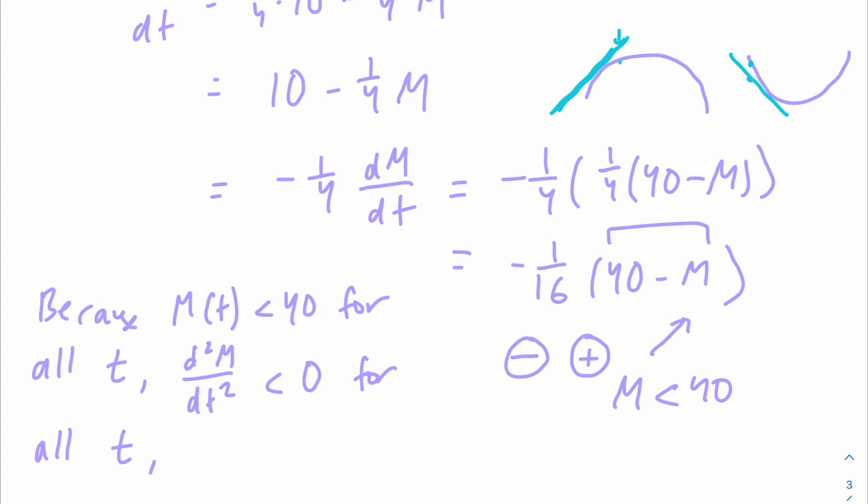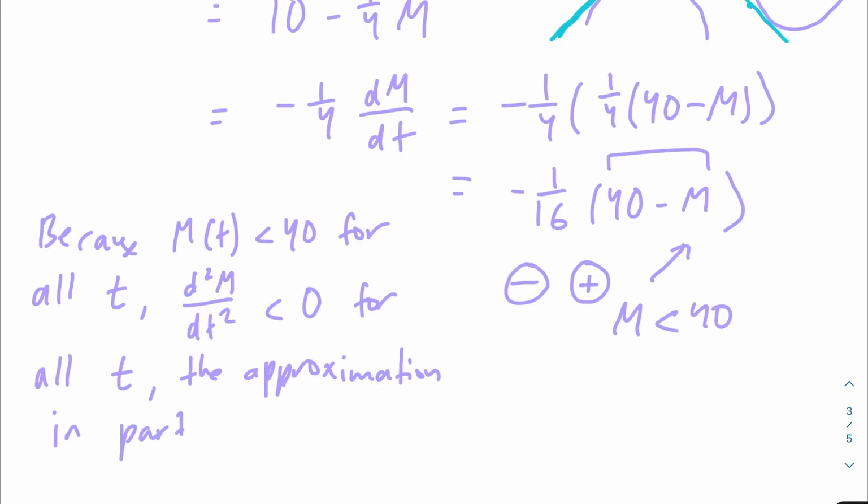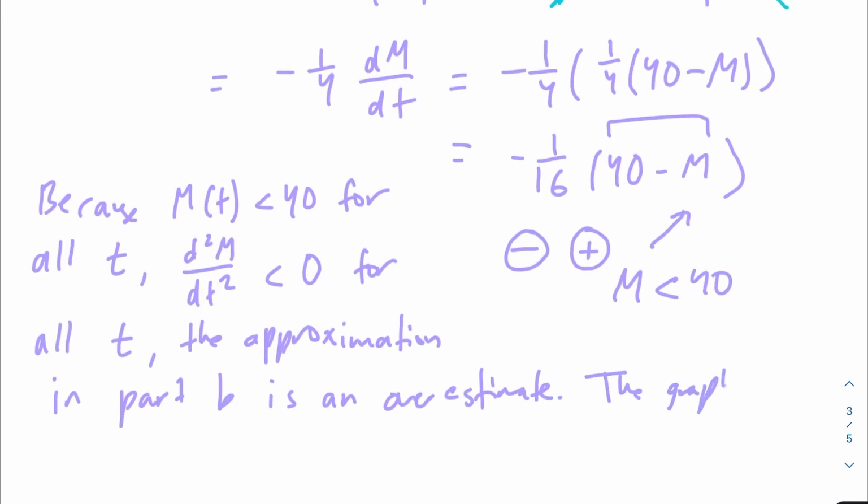So because it's going to be less than 0 for all t, the approximation in part B is an overestimate. The graph is concave down.